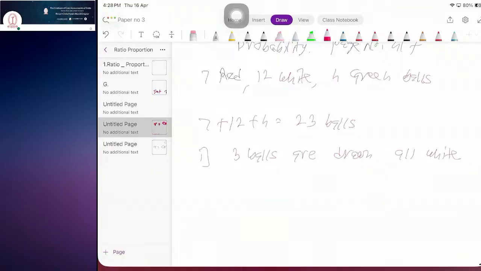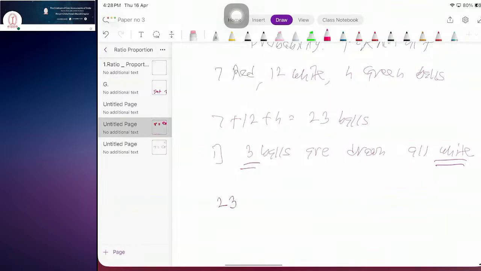A bag contains this much, and what is the probability that 3 white balls are selected. Overall there are 23 balls, and out of 23 balls, 3 balls are to be selected. So first we'll find out the combination 23C3, that is 23 multiplied by 22 multiplied by 21, divided by 3 into 2 into 1.